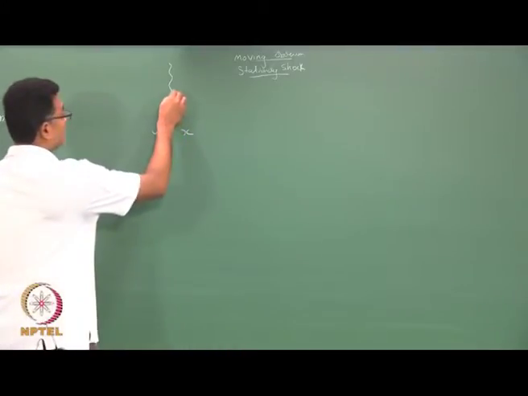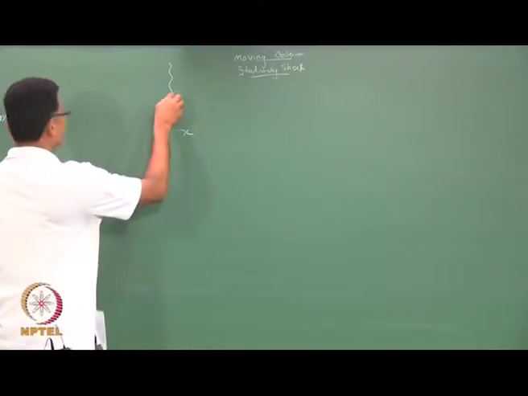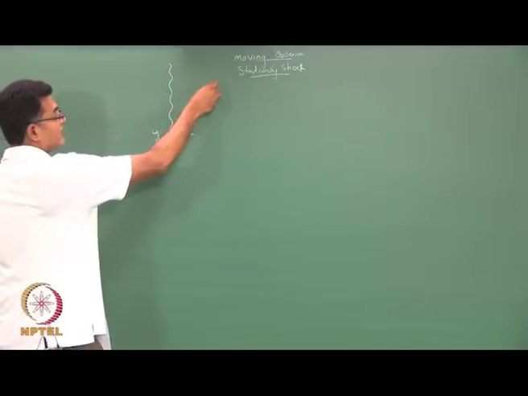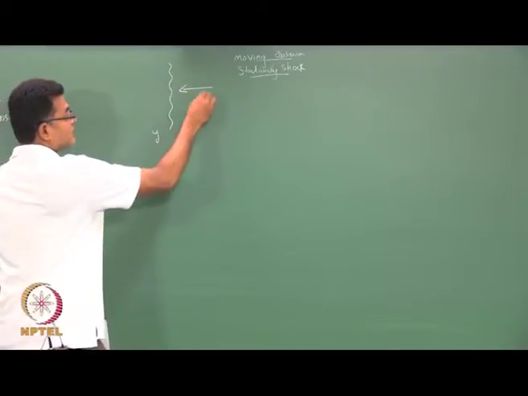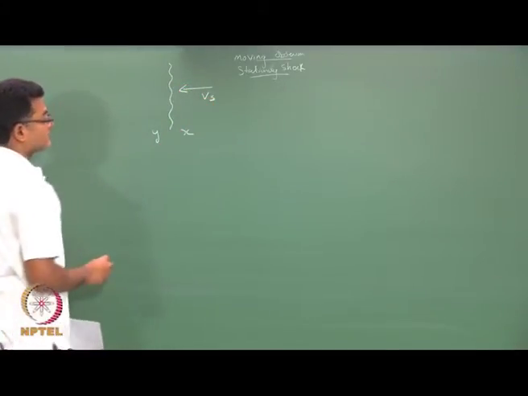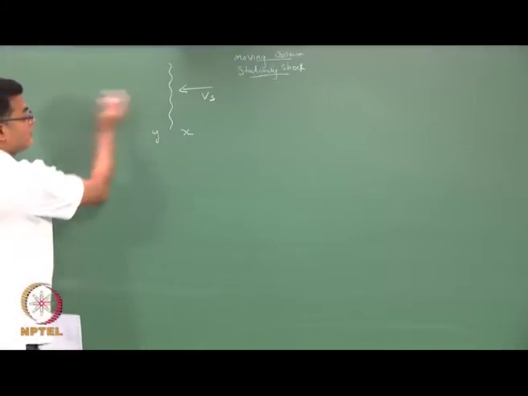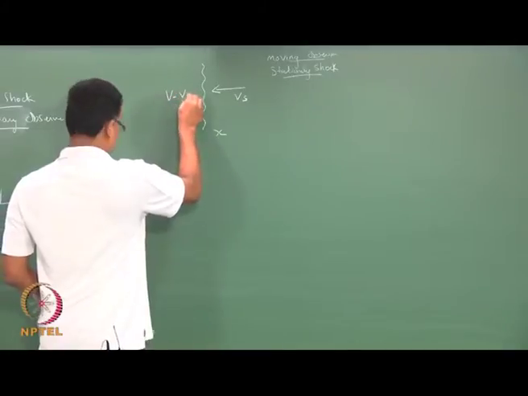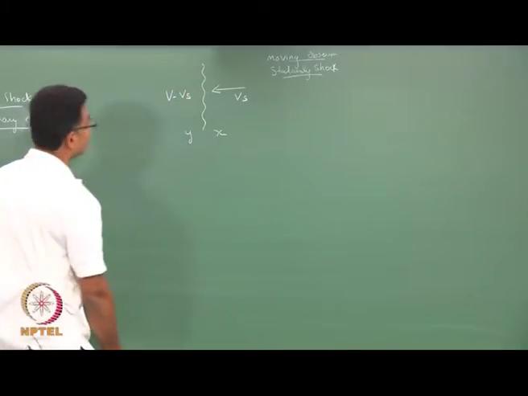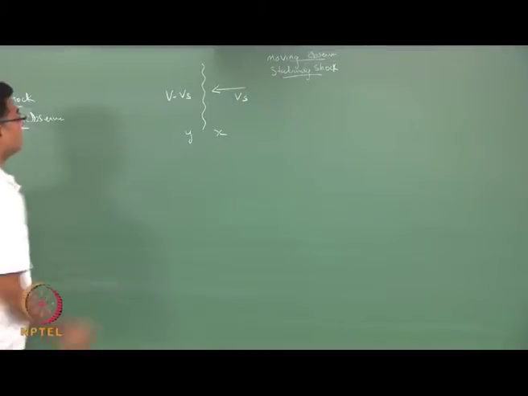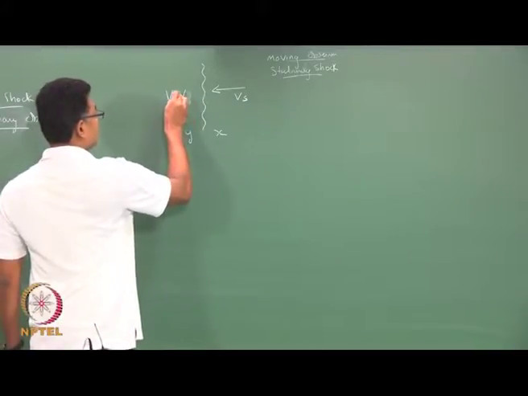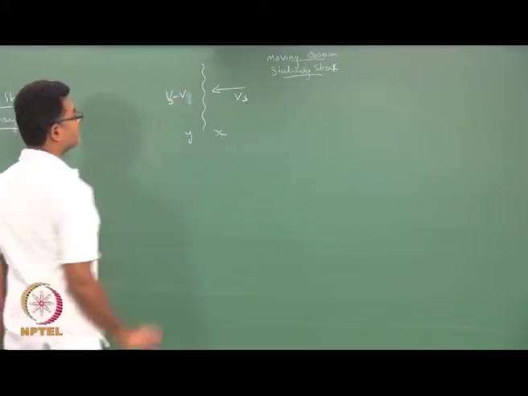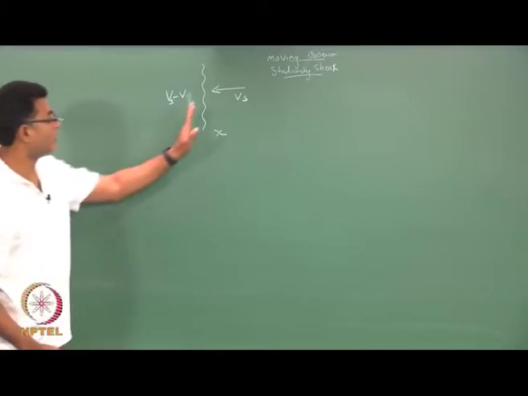If you are an observer standing on the shock, I would see the fluid that is approaching me with a velocity Vs, and I would see the fluid that is behind me receding at Vs minus V. I am moving along with the shock.